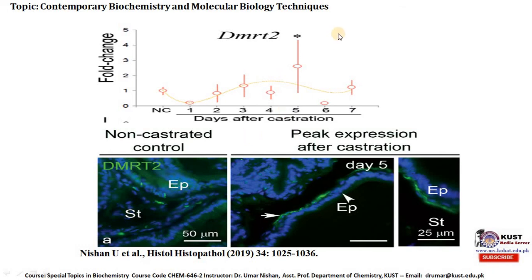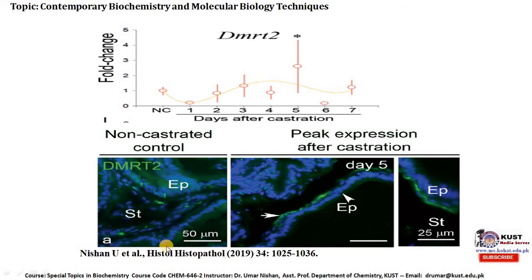And when we conducted the immunohistochemistry experiment for day 5, we can clearly see that this DMRT2 is expressed. In this situation, the fluorescent tag material is green in color, and we can clearly see through the arrows that the protein is not only showing a fold increase, but it is also translated.